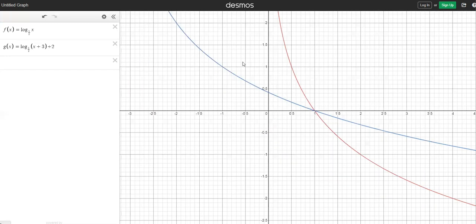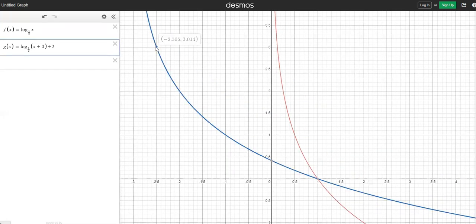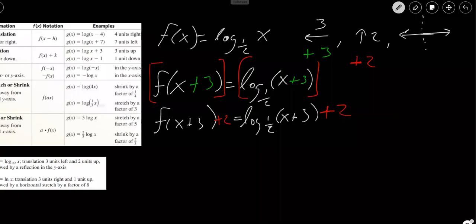If I go 1, 2, 3 to the left, and then up 1 and up 2, there's my corresponding point, negative 2.5 comma 3. This point here corresponds with 0.5 comma 1 because it's 3 to the left and 2 up from that first point on the red graph. All right, so that's my second translation.